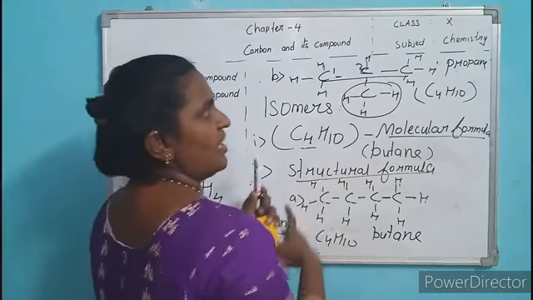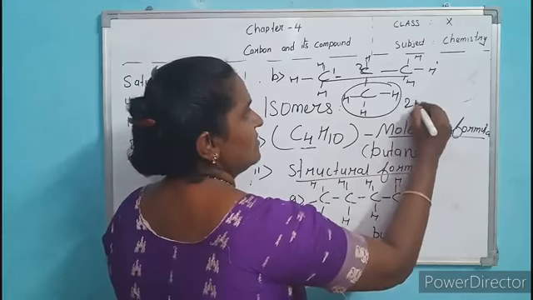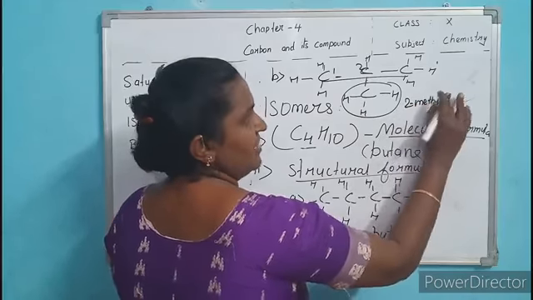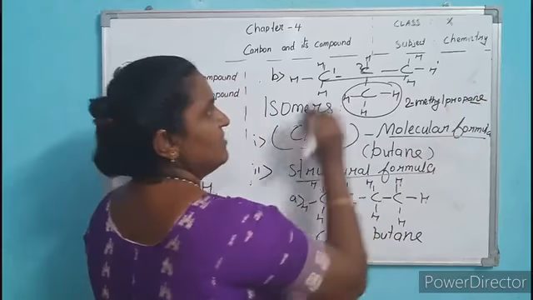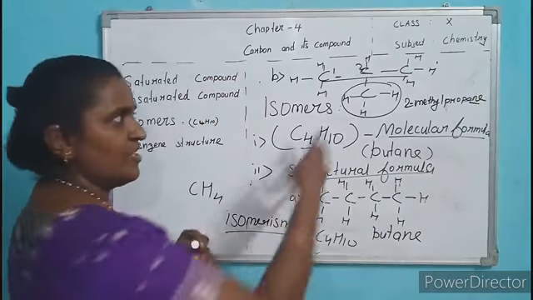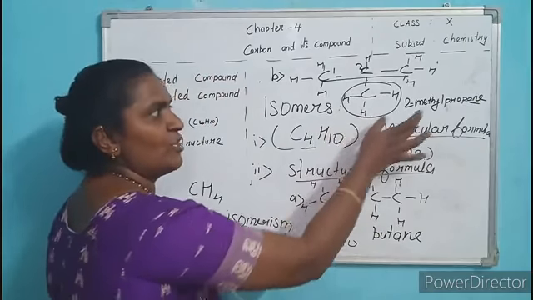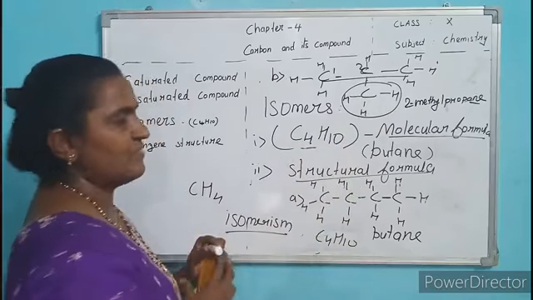This name is called 2-methylpropane. What is the name? 2-methylpropane. Single bond, so propane. So different compound name. The structure is different but its molecular formula remains the same. Both will have the same molecular formula.